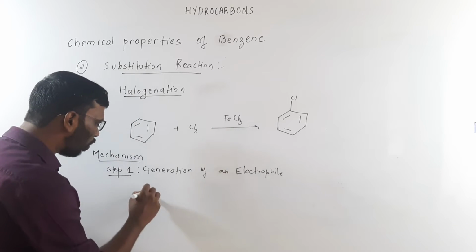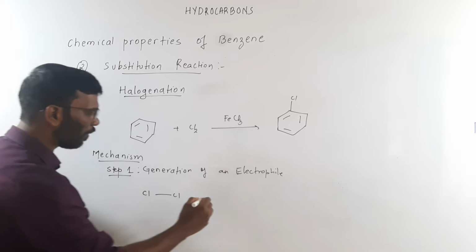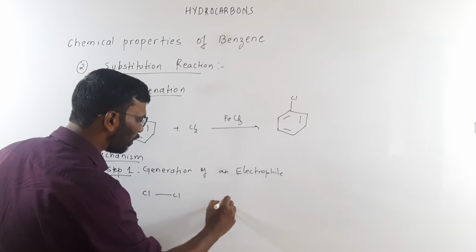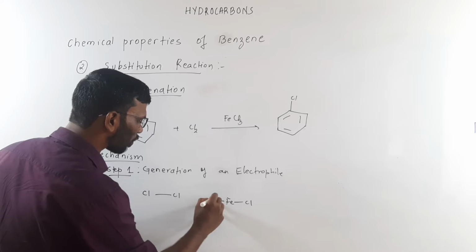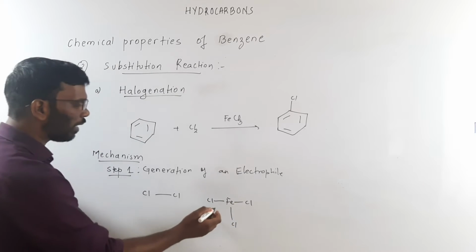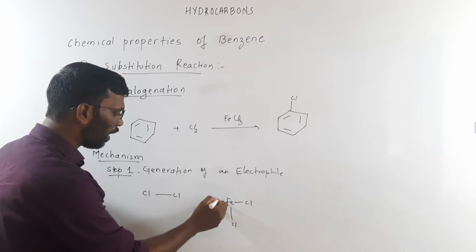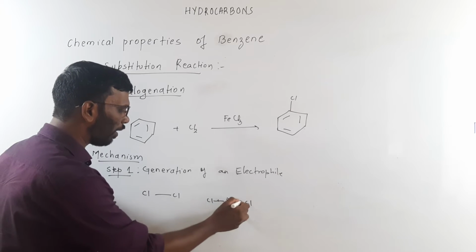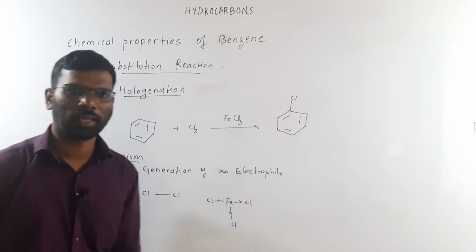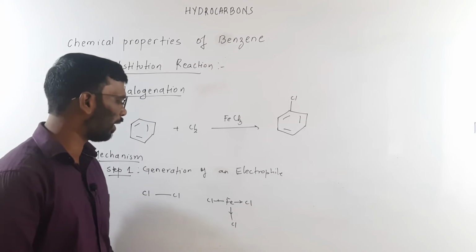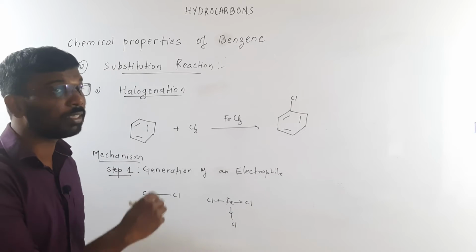How? This is a chlorine and this is how the bond between chlorine exists, and this is FeCl3. There are 3 halides connected to it and it is electron deficient. This will have a very strong inductive effect, and also the octet of the Fe is not complete. What we say is that FeCl3 is in need of electrons.